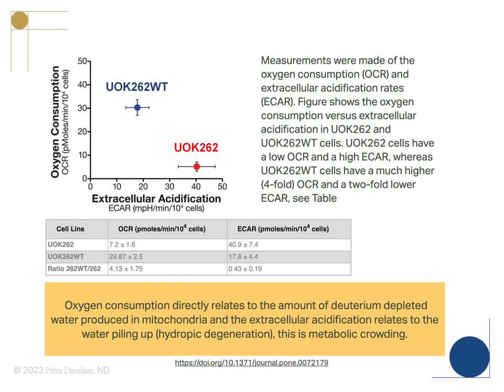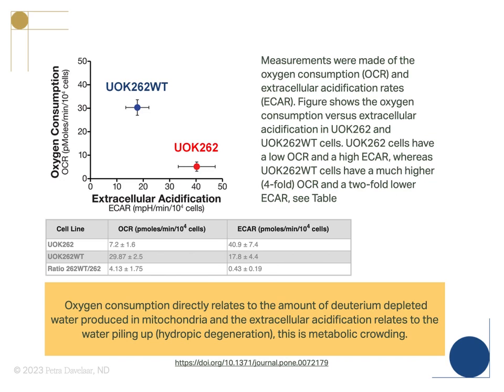The 2014 PLOS metabolic programming study also determined the differences in the oxygenation rate and extracellular acidification between the UOK262 cancer cells and the UOK262 wild-type cells. The wild-type cells had a 4-fold higher oxygenation rate and 2-fold lower acidification rate. This is significant.